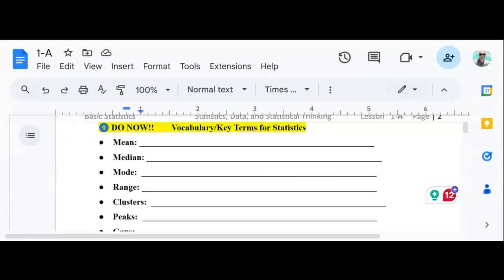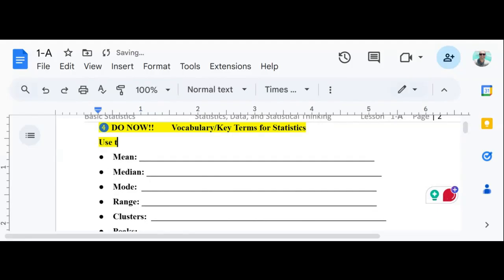For each lesson there is a vocabulary. You need to find the meaning of those words in class or before you come to class. So here I have words, for example, mean. But how can I get these words? Online. So you can either use the book or the internet to get the answer.